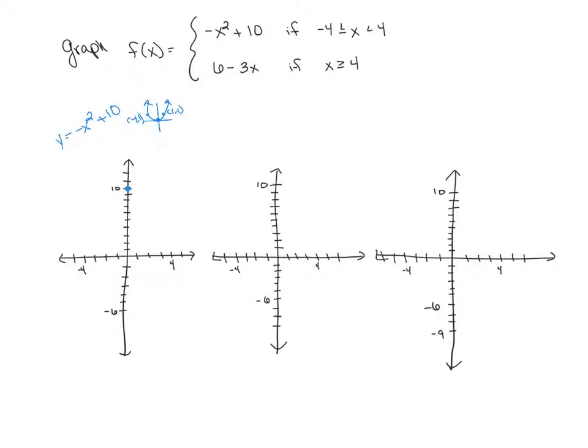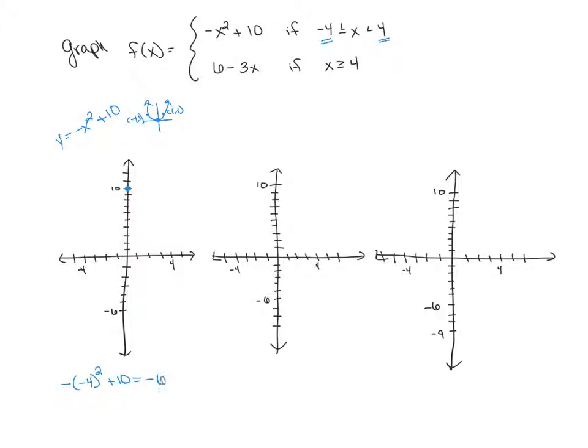If I look at my equation, I see that I'm cutting off at -4 and 4. So a shortcut here that we could use is that if I take the -4 and plug it into the -x² plus 10, that's going to give me a point on my graph here that I will need for later.